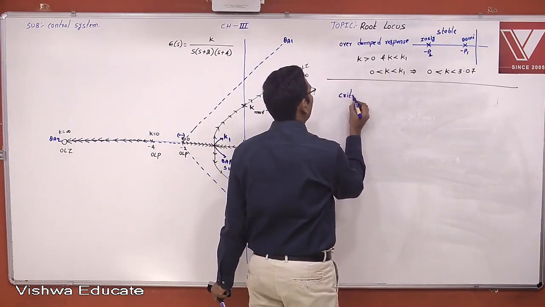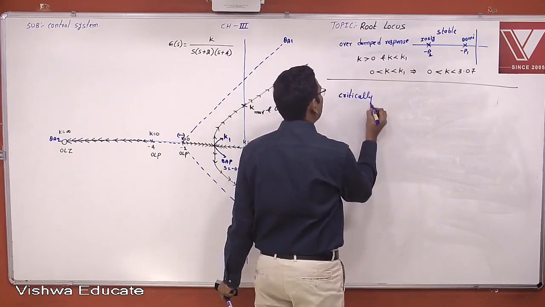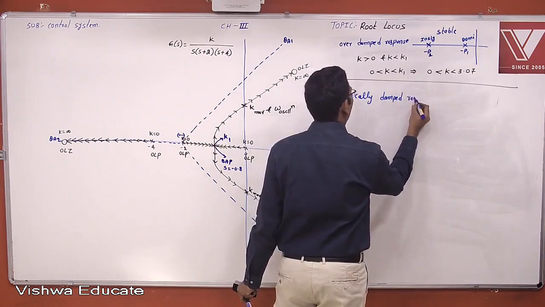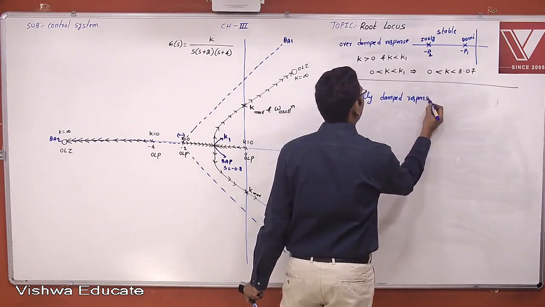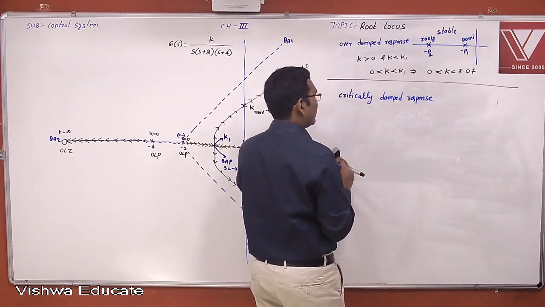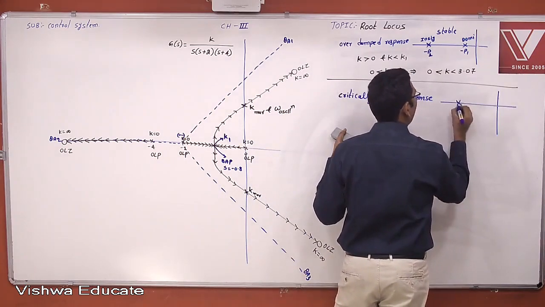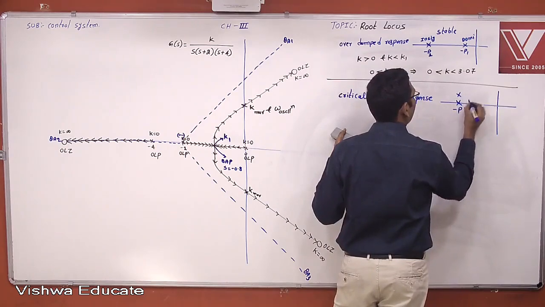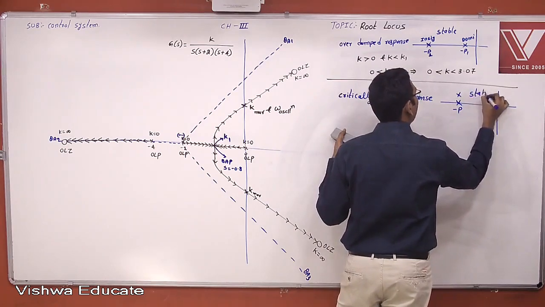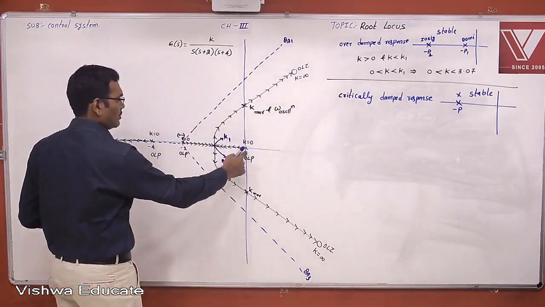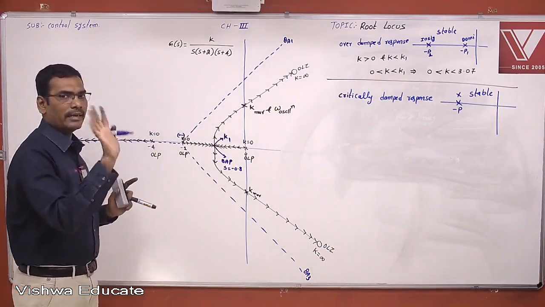Next, when the root locus diagram is critically damped, this is a very simple question, I think. Now the root locus diagram is said to be critically damped when there are repeated poles on the negative real axis. When the poles are repeated on the negative real axis, single pole, no critically damped.